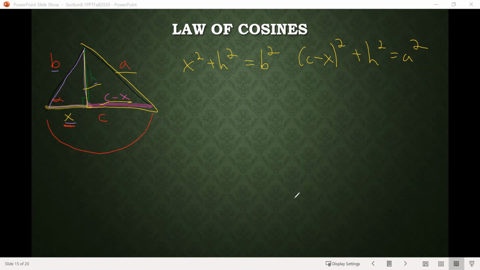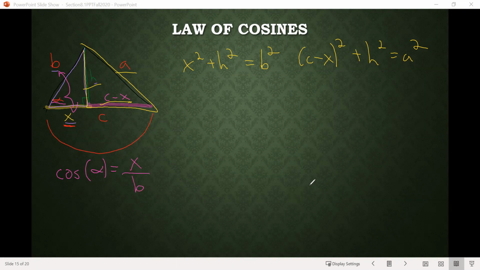Now, one other thing I'm going to do off to the side here is look at, in that first right triangle we were looking at, the one on the left there, what the cosine of alpha would be. Remember that the ratio for cosine is adjacent over hypotenuse. So in relation to the angle alpha, x would be the adjacent side, b is the length of the hypotenuse. So our ratio here would look like x over b.